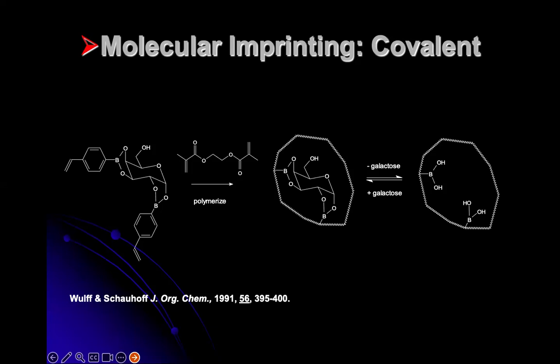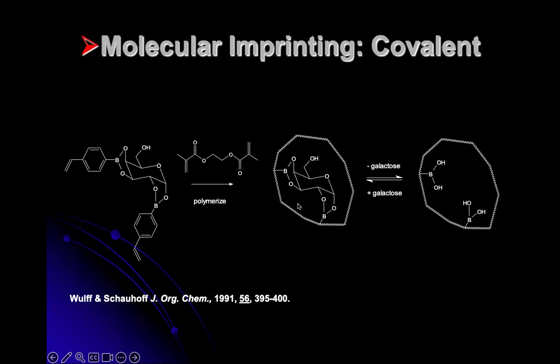So this is an example of covalent interaction between galactose and the monomer. This is a polymer form. This is a covalent interaction form between the galactose and the monomer.